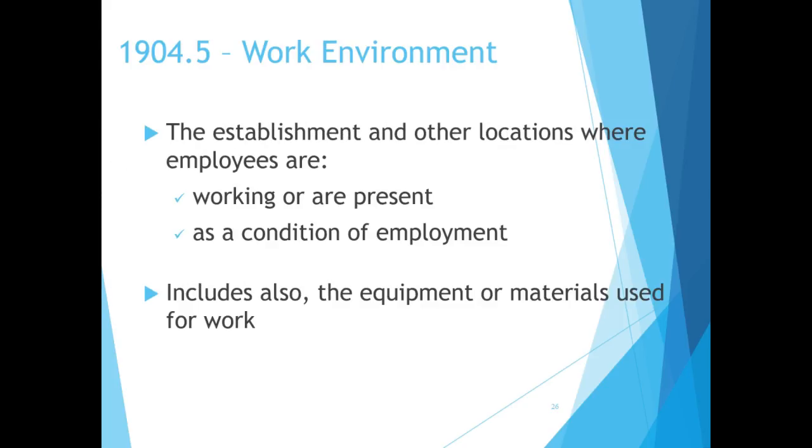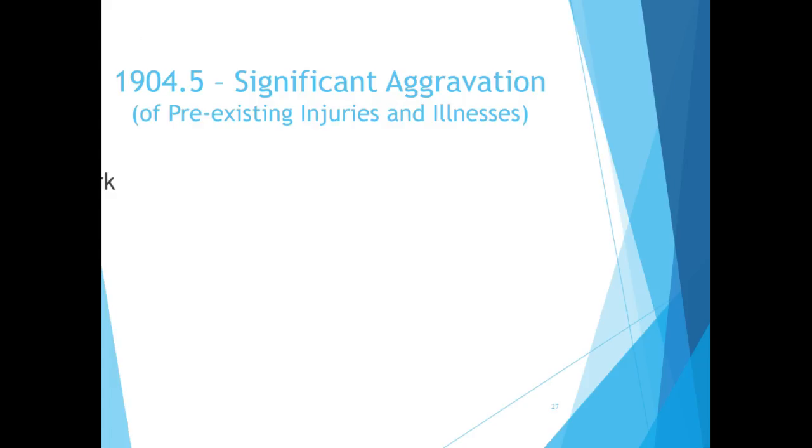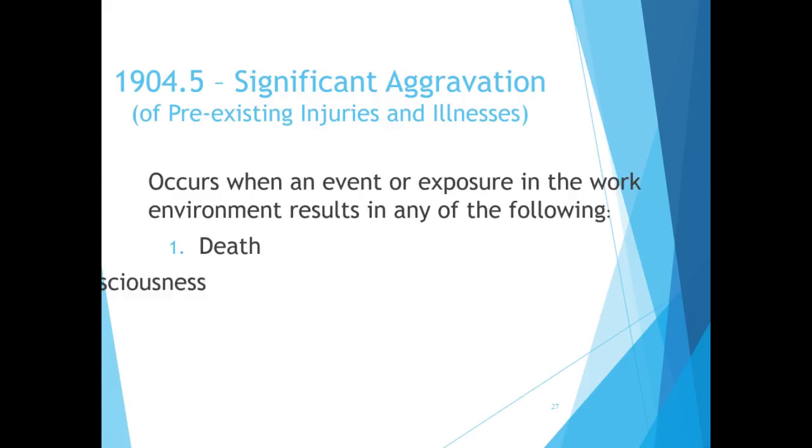So now you need the definition of what that work environment is: the establishment or locations where employees are working or present as a condition of their employment. So you've got to be there, that's a condition of your employment or you're doing work. And that does include equipment and materials used to produce whatever your output is.